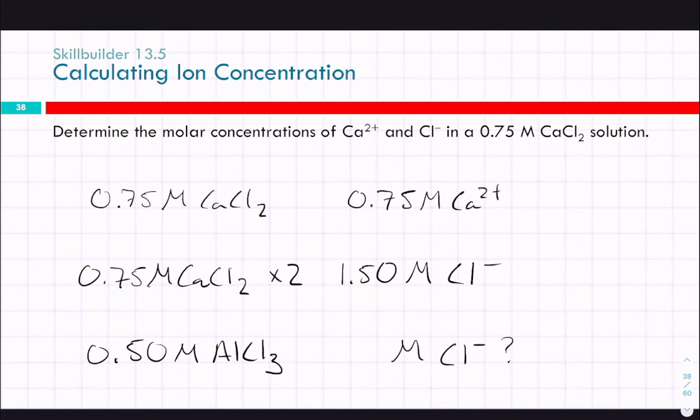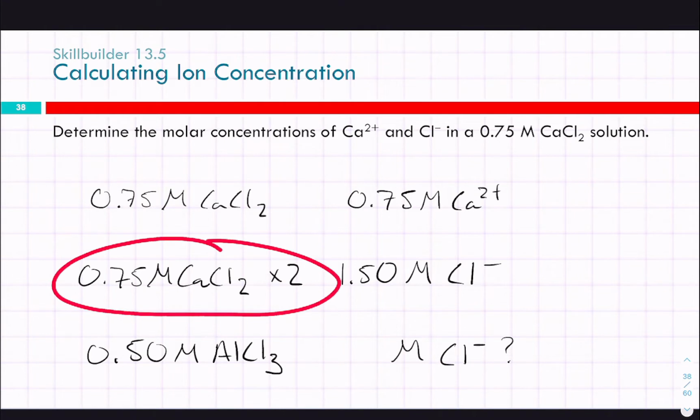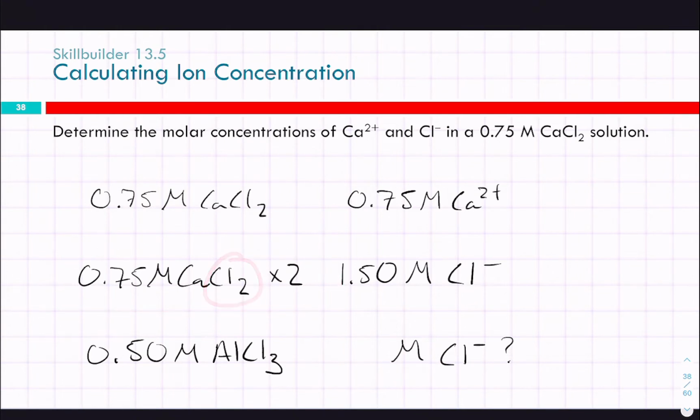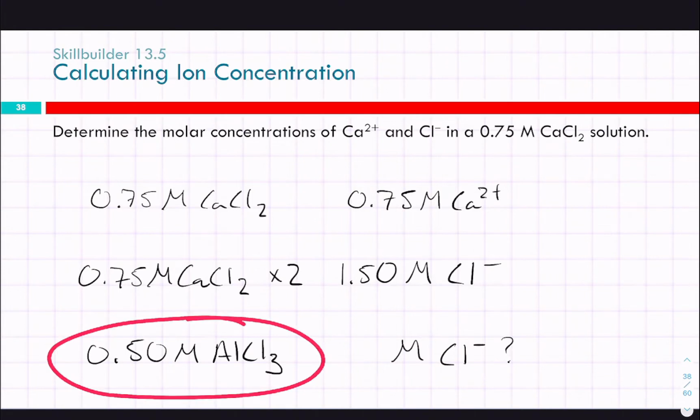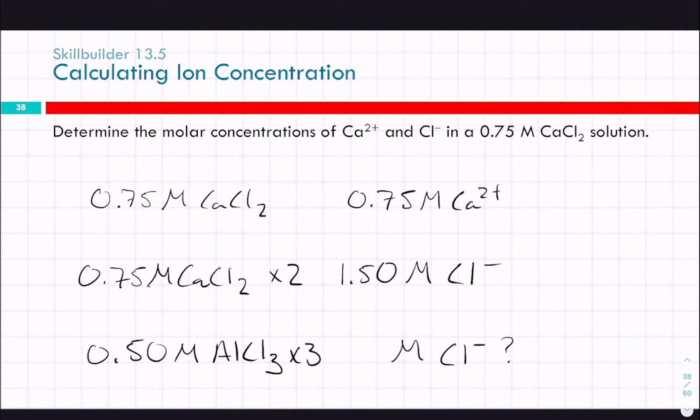So here we took this and multiplied by the fact that we have 2 chloride ions. So we took this multiplied by 2. So, yeah, multiplied by 3 because we have 3 chlorines for every unit. So we get 1.50 molar.